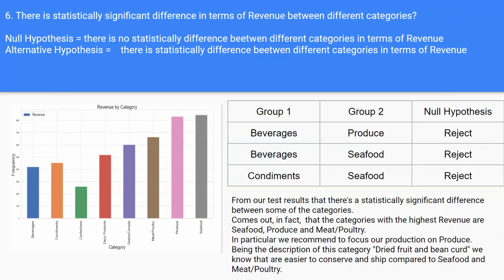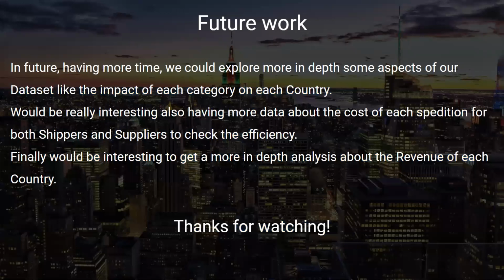It's quite interesting to notice that produce contains dried fruit and bean curd in this category. I think that those are items easy to conserve and easy to ship, compared, for example, to seafood or meat and poultry. So our advice is to focus our strategies more on this particular category that seems to be really good in terms of revenue.